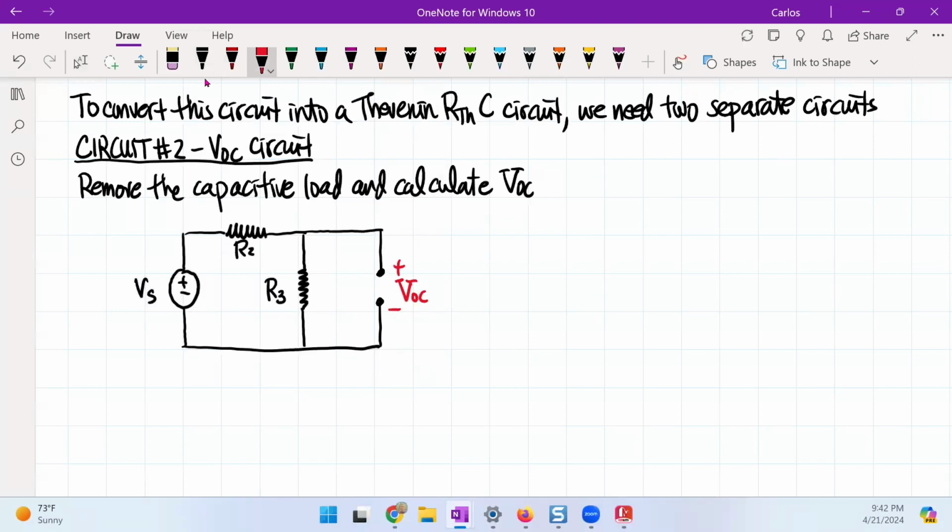You can see that R3 is parallel to the open, so I could use VDR. The voltage of the 3 at 0 plus is going to be the same as VOC, which is then equal to this.